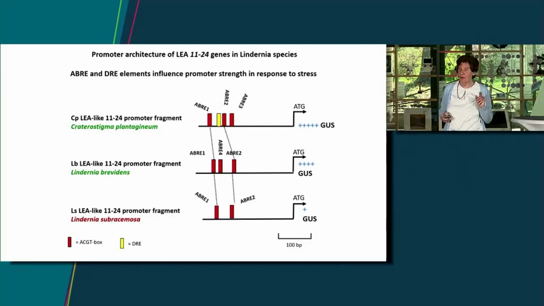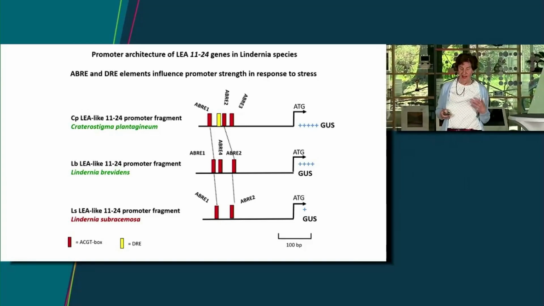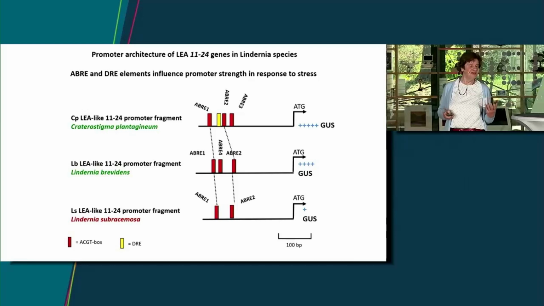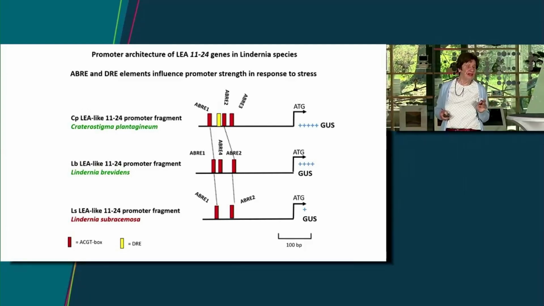These are specific promoter regions, and they determine whether a gene is expressed under dehydration or not. And if you go to Craterostigma, you see that we have these three red blocks, three red specific promoter elements responsive to dehydration, and a yellow one, which is an additional specific one.